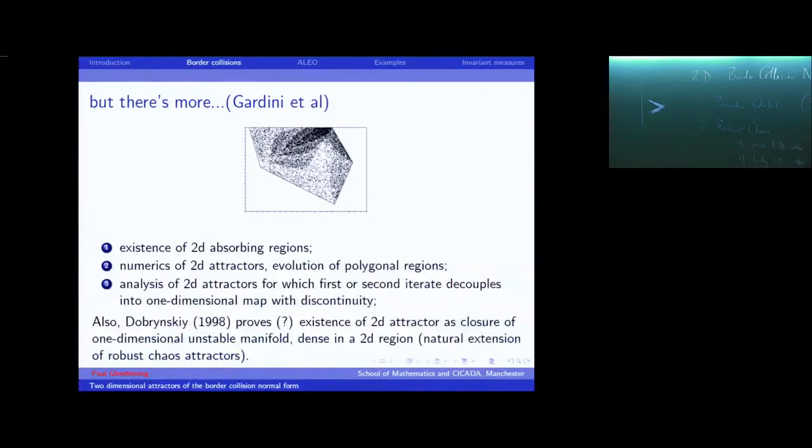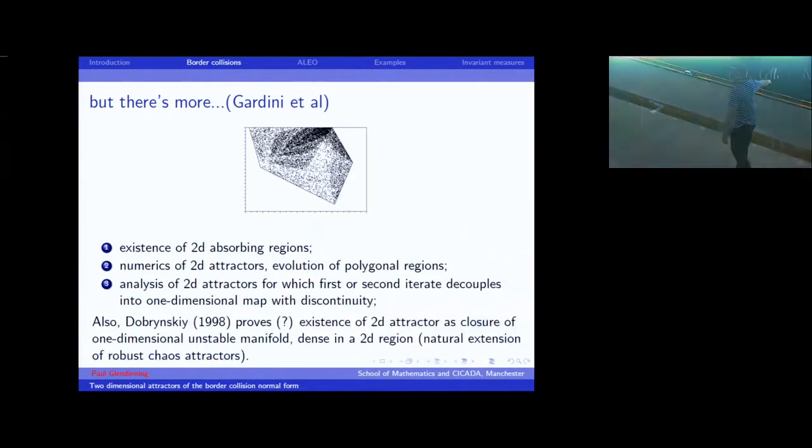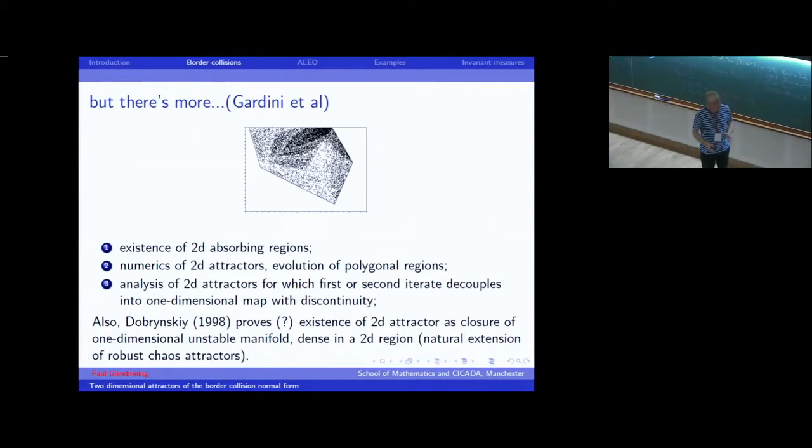So the really interesting thing about this one is that it's a natural extension of what Soumitro and people did, where you still have the sense that the attractor is the closure of an unstable manifold, which is a one-dimensional set, but it's now fully two-dimensional.